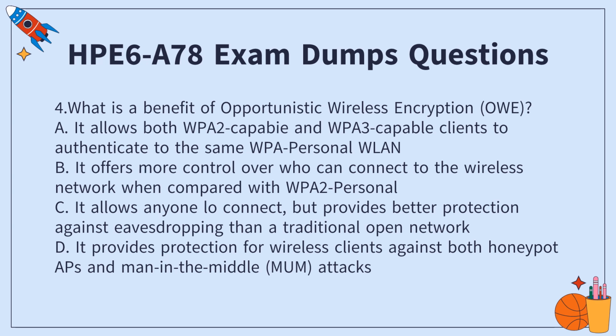B. It offers more control over who can connect to the wireless network when compared with WPA2 personal. C. It allows anyone to connect, but provides better protection against eavesdropping than a traditional open network. D. It provides protection for wireless clients against both honeypot APs and man-in-the-middle (MITM) attacks.